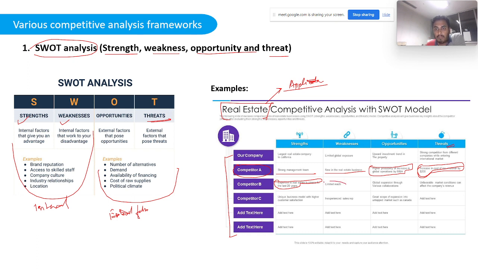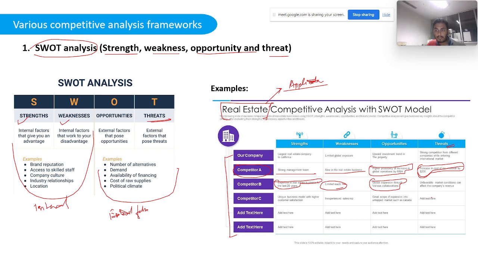But weakness, maybe they have limited people, so they have limited reach, so it's very difficult for them to actually expand their business. As an opportunity, they have good collaboration, which they see as an opportunity to actually grow globally.